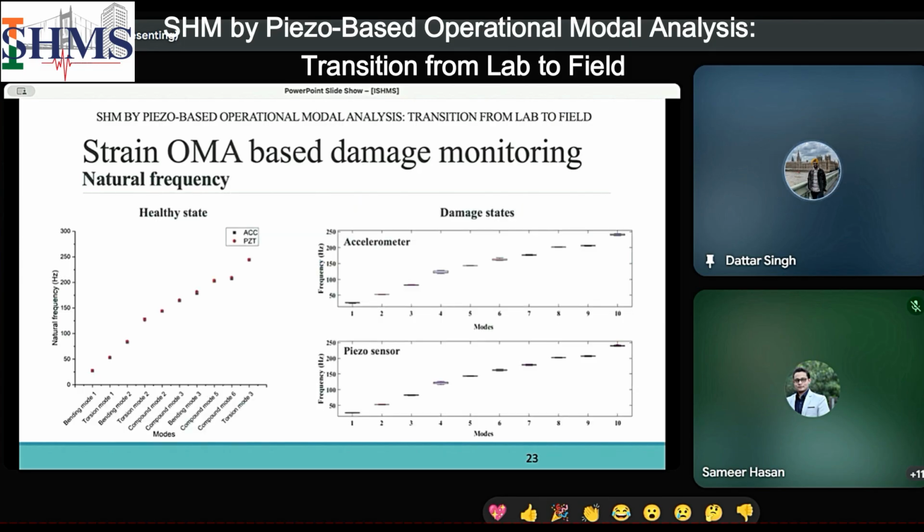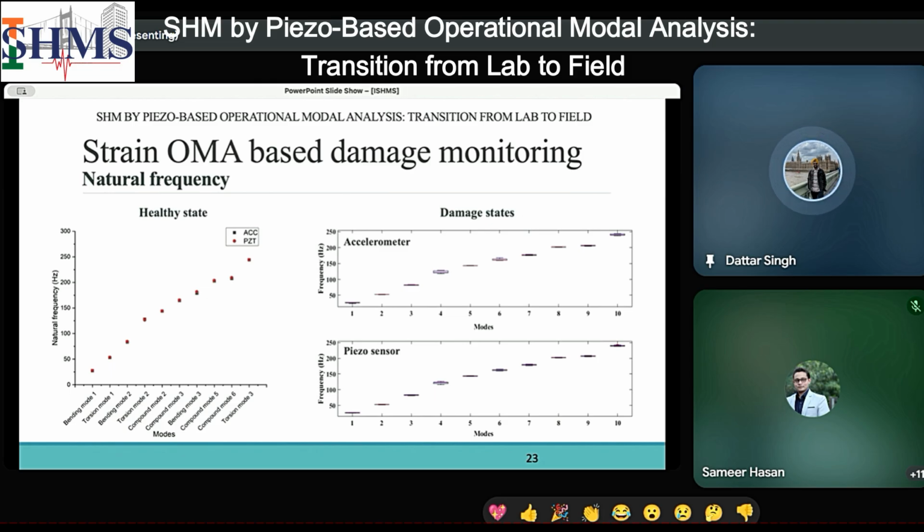Now, let's focus on frequency for damage monitoring. We can see that the modal frequencies for the 10 mode shapes under consideration, from both sensors, show negligible or very low amplitude variation under different damage states.